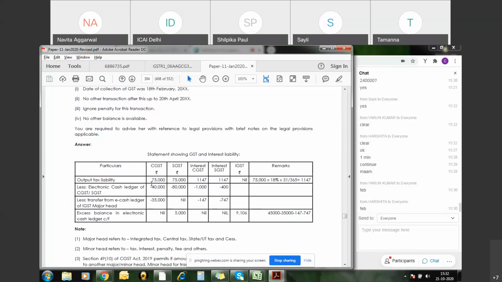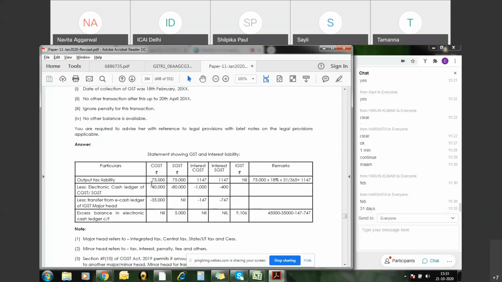Now, how has this interest been computed? They were supposed to pay it by March 20th only, but now she is ready to pay by 20th April. So how many days are there? For 75,000, the rate of interest that is chargeable is 18%.